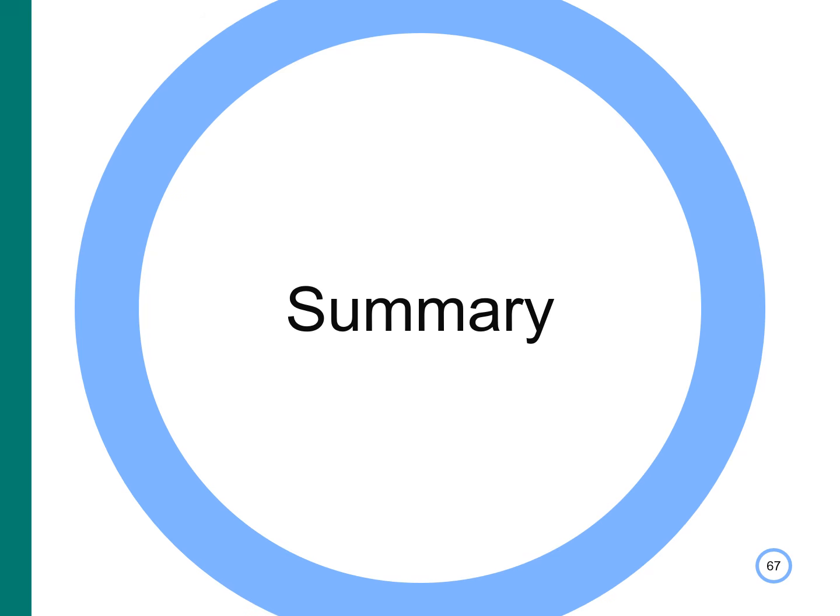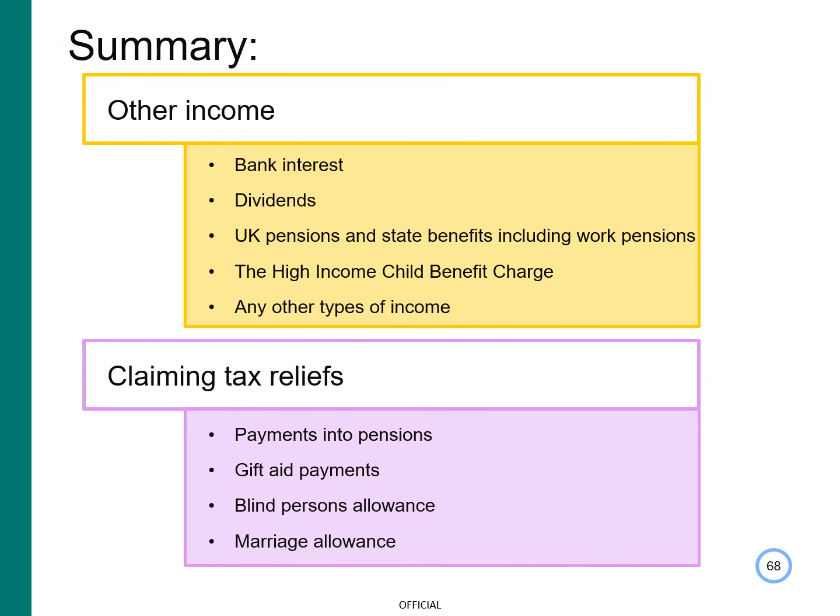We are nearly at the end of the webinar now. Here's a summary of what we've covered today. In today's webinar, we've looked at other income to tell us about, including bank interest, dividends, UK pensions and state benefits, including work pensions, the high income child benefit charge, and any other types of income.